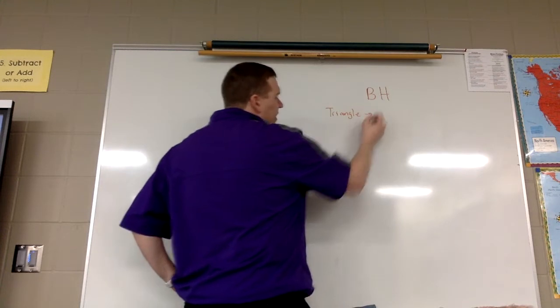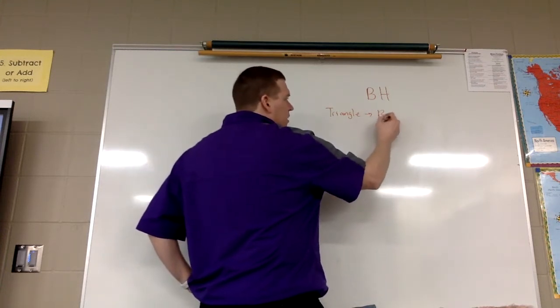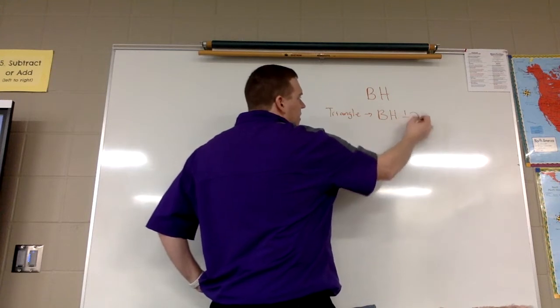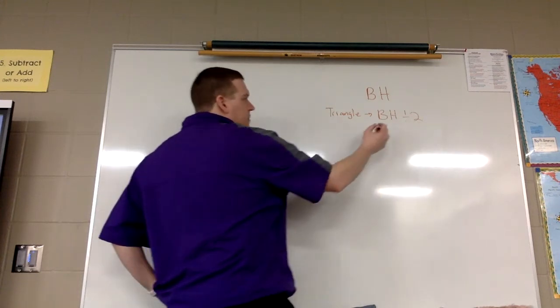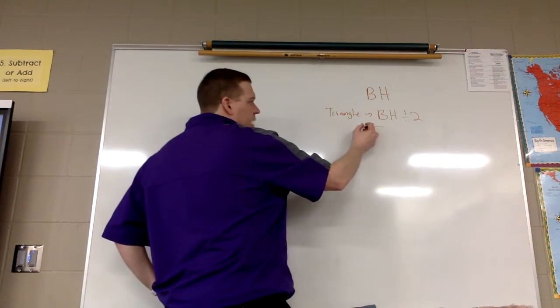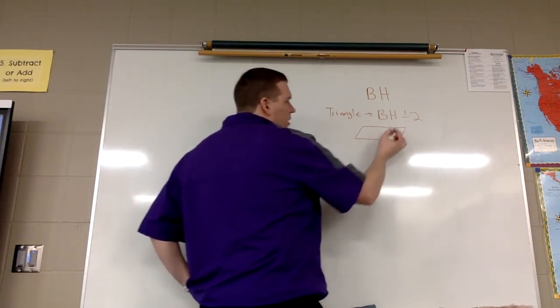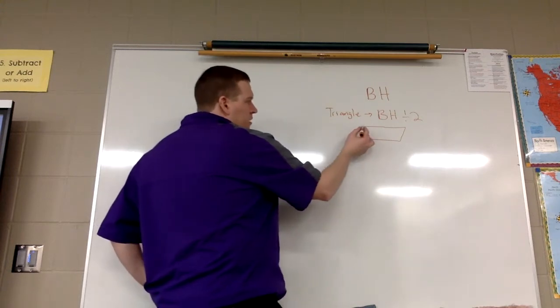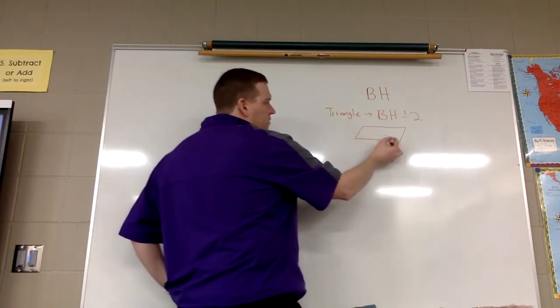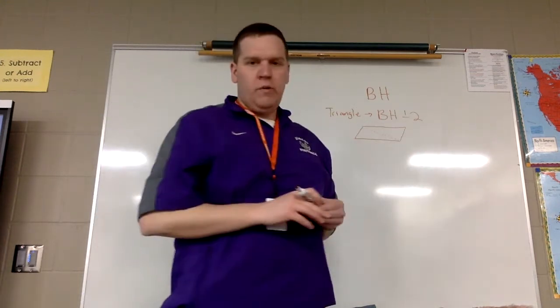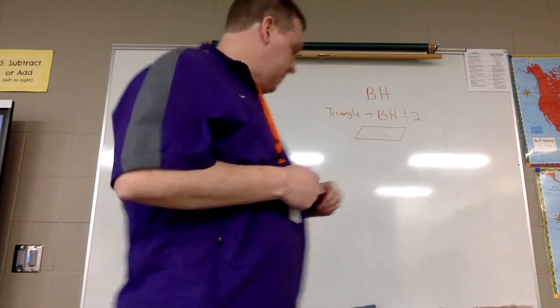And we said that a triangle, you take base times height, and then you divide by 2. And we said that because if you have a parallelogram, it is nothing more than 2 triangles if you divide it in half. So accordingly, we divide it by 2, right?